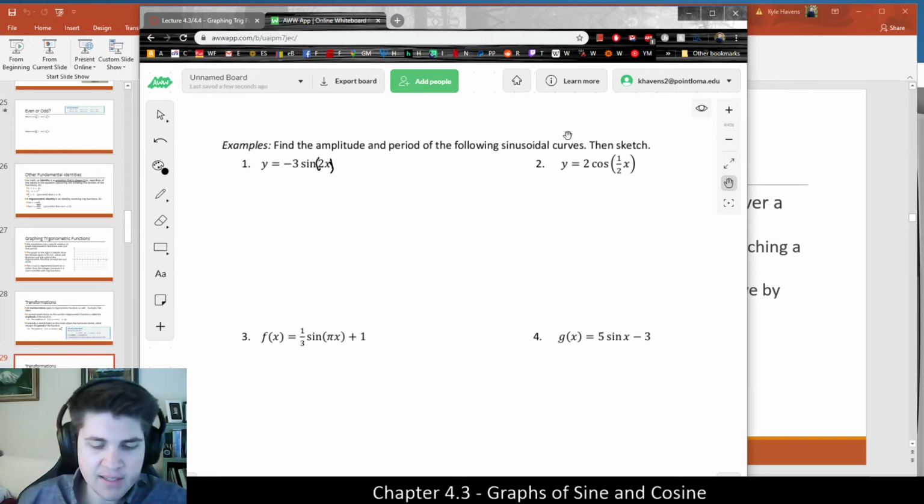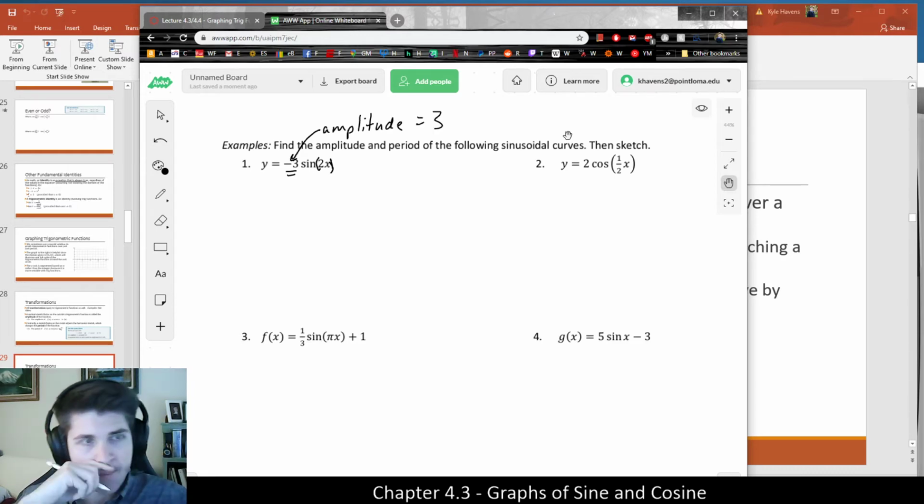But anyways, in summary here, the number on the front is always going to affect the amplitude, which is, again, how tall it is. But remember, the amplitude is always the absolute value of that number, so it will be +3 for example number 1.